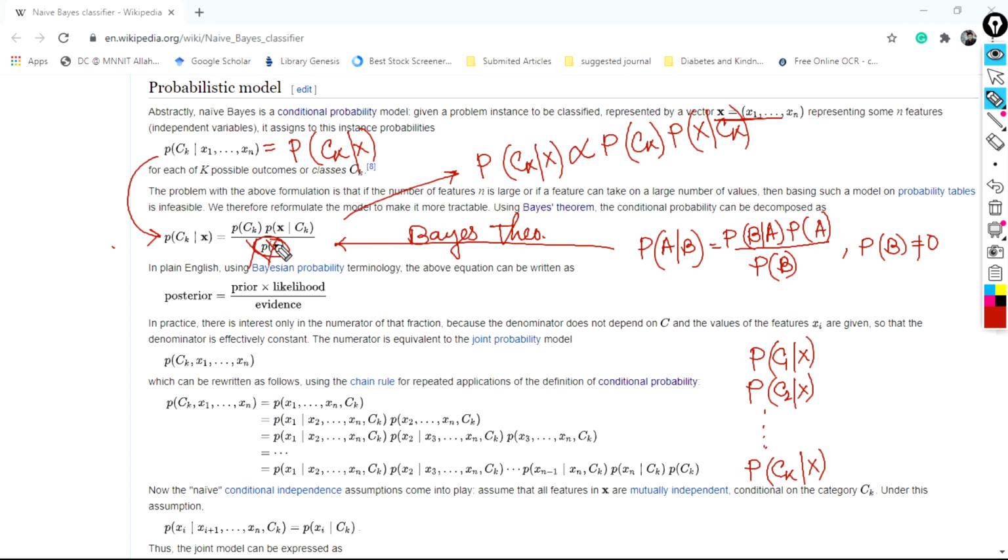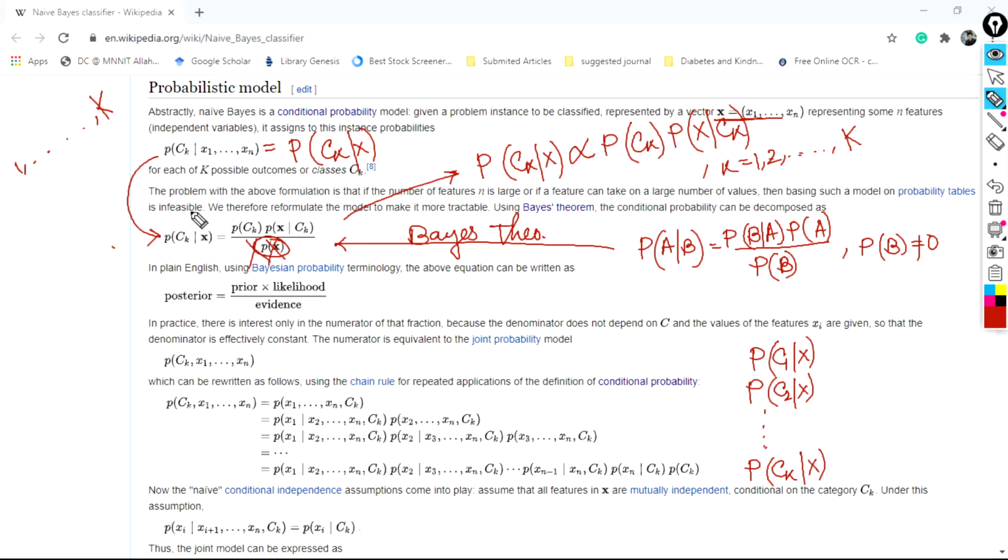We just avoid the denominator term, so this is proportional to the numerator term. This will hold for all k. Our number of classes is capital K, and small k goes 1, 2, up to capital K. I think this is clear.